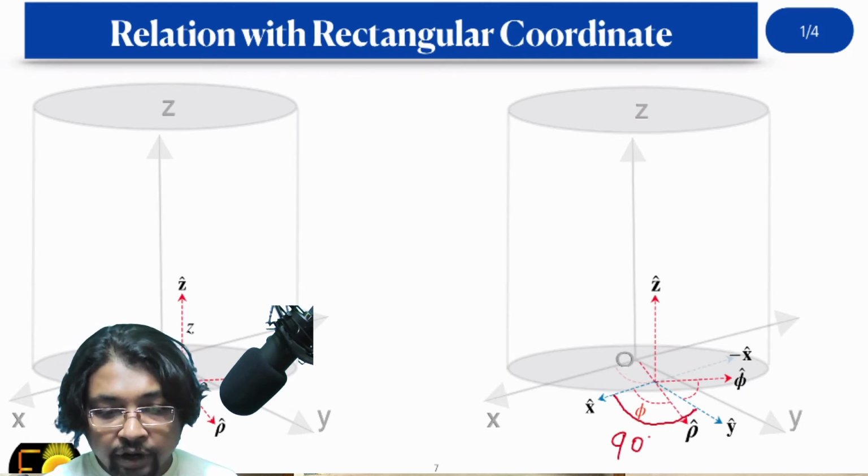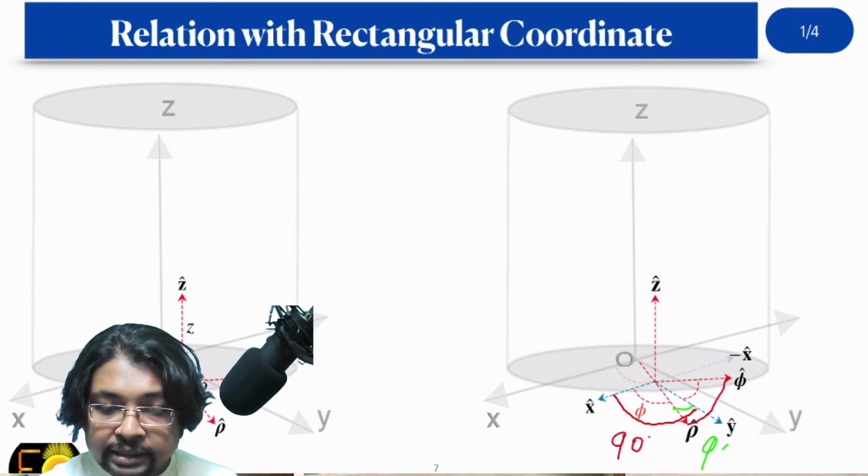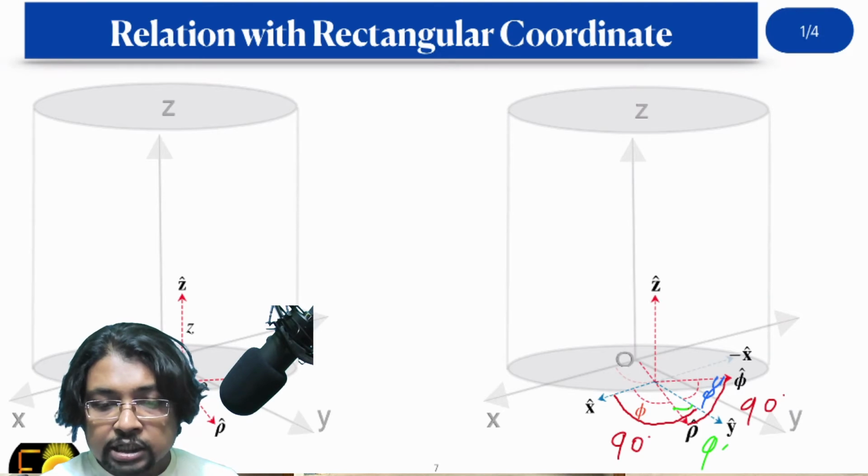Therefore, if we define this angle as phi dash, then we also know the angle between the rho and phi is again 90 degrees, and if this angle is phi, so phi plus phi double dash is equal to 90 degrees.